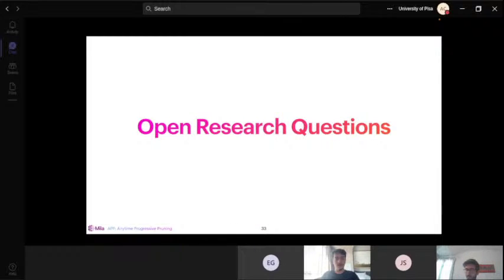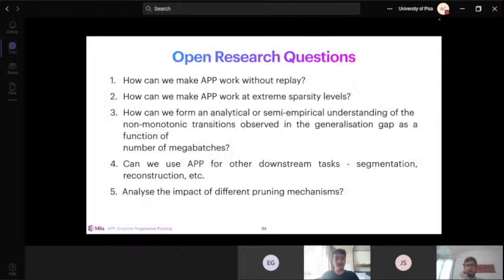Based on everything that I've discussed so far, it might be a lot, but we do have some very interesting open research questions that we are very excited to explore, and we hope that people watching this or who will read our work subsequently will also be interested in exploring. One of them is how can we make APP work without replay?